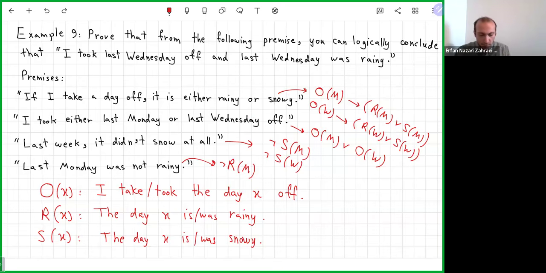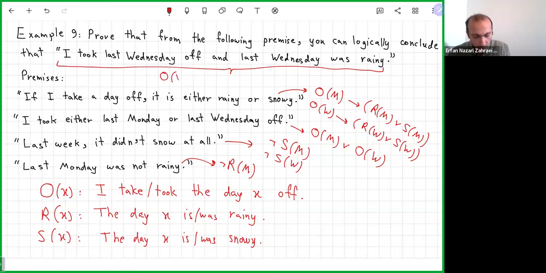What is my conclusion that I want to prove? Let me also translate this into these propositions, and then I start writing a proof for it using rules of inference. So I took last Wednesday off, so O_W, and also last Wednesday was rainy, R_W.